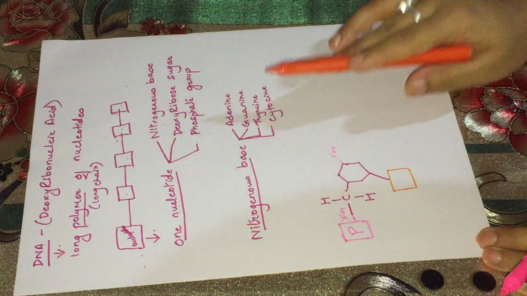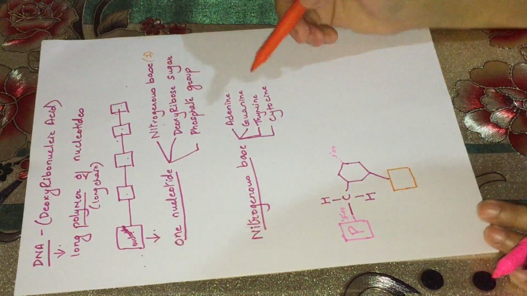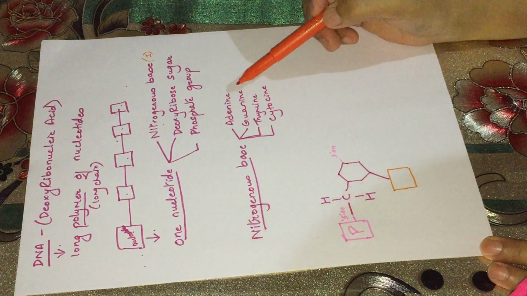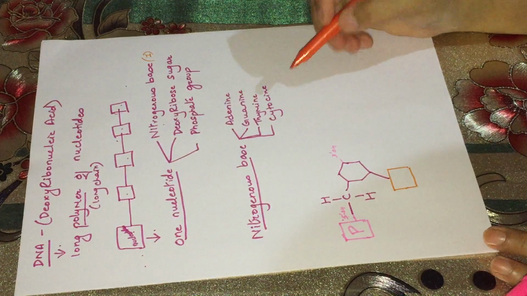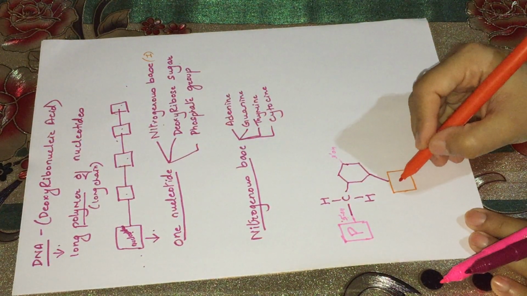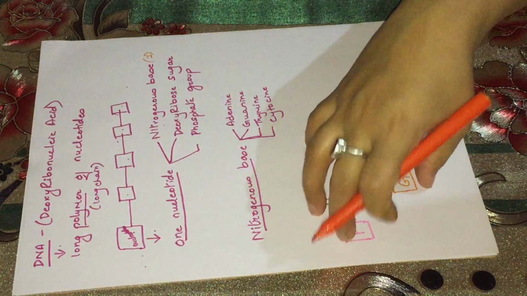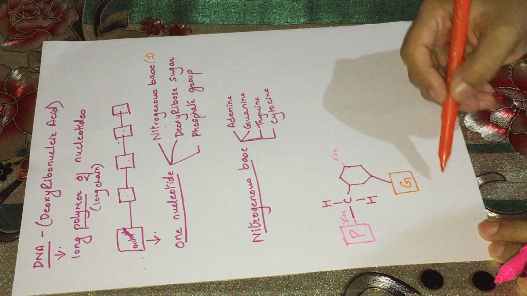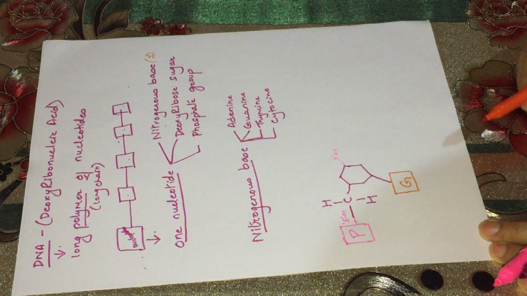One nucleotide contains only one nitrogenous base, and that can be either adenine, guanine, thymine or cytosine. Suppose this has guanine. So now this complete structure is our one nucleotide.